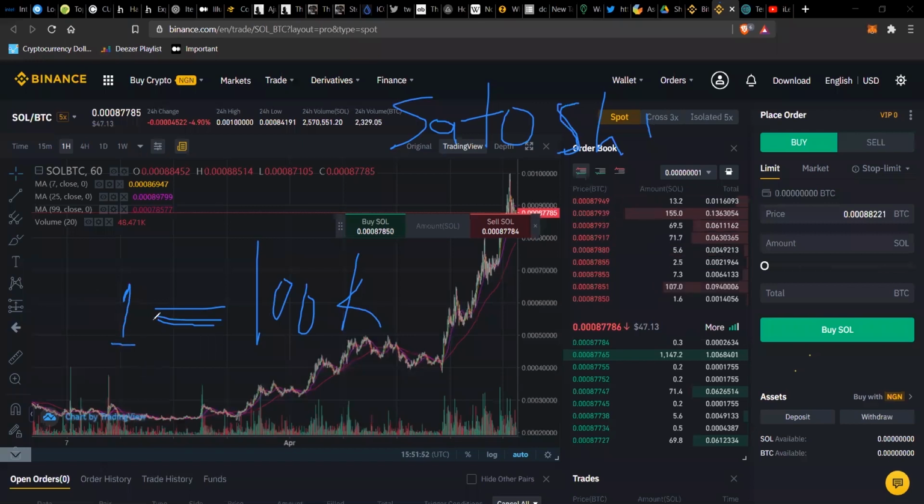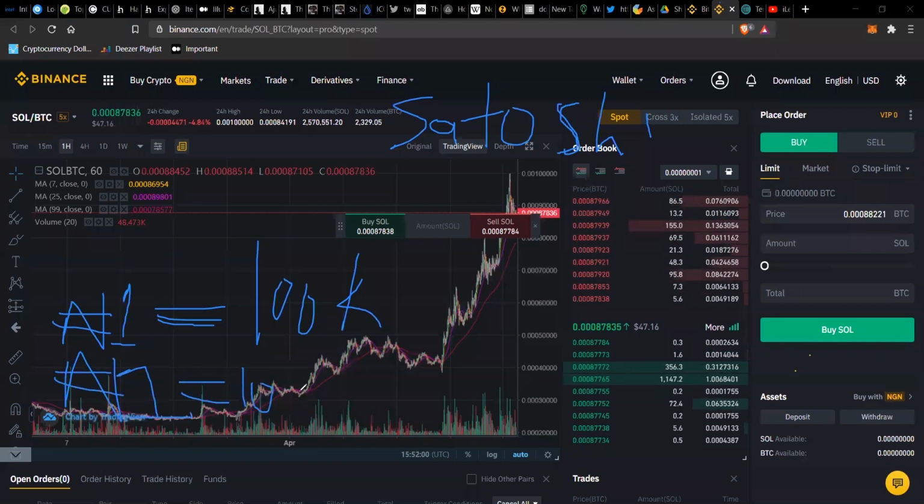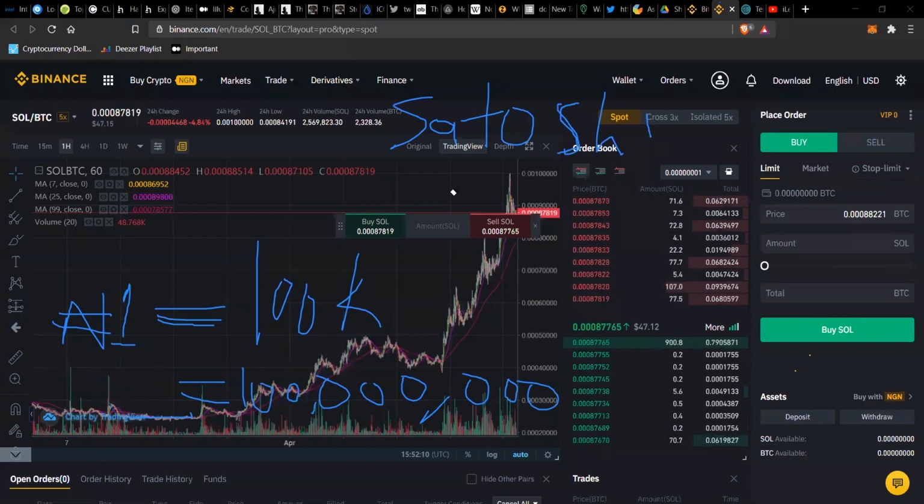So 1 naira is equal to 100 kobo. 1 Bitcoin is equal to 100 million Satoshi. Now, why does this metric exist? Sorry, I made a mistake with this. This is naira. Now, why does this metric exist? To make it easier when you're trading.